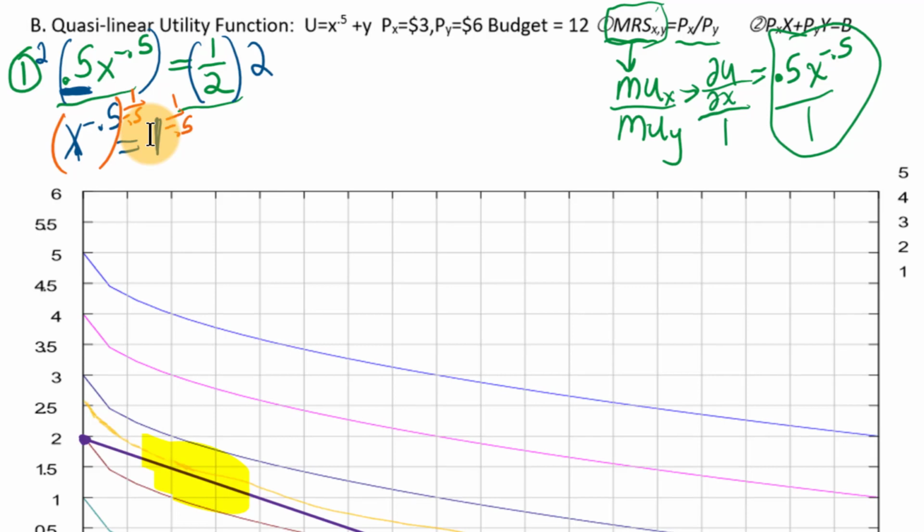Now we could spend a long time thinking about what that means, or we could remember the rule. 1 to any power is equal to what? 1. Right, 1 to any power is just 1. When we do this on the left, we're just going to end up with X. When we do this on the right, we just end up with 1. So we're going to buy 1 X.